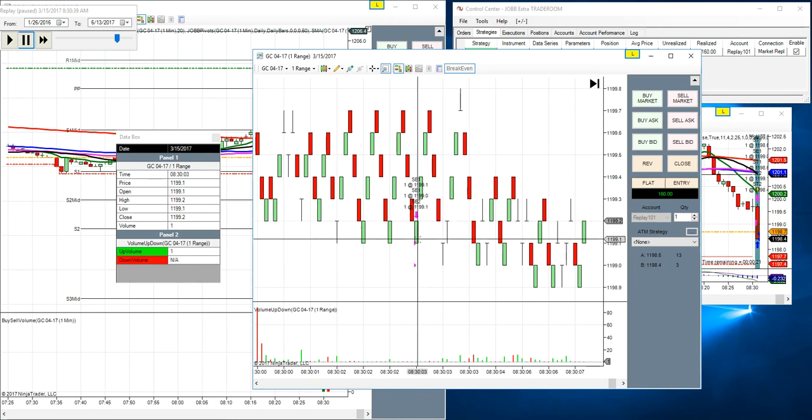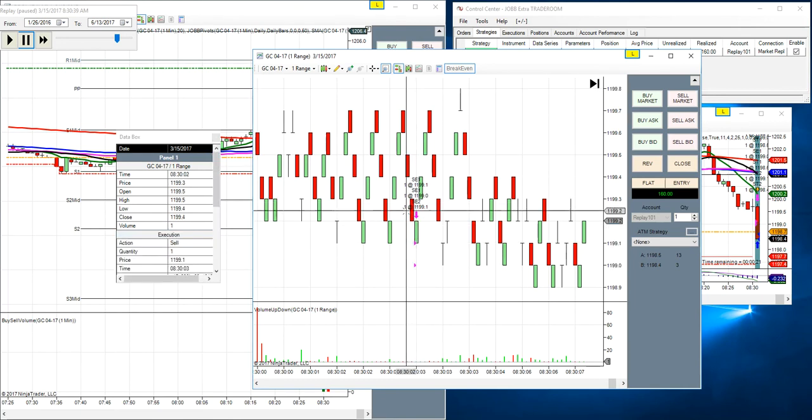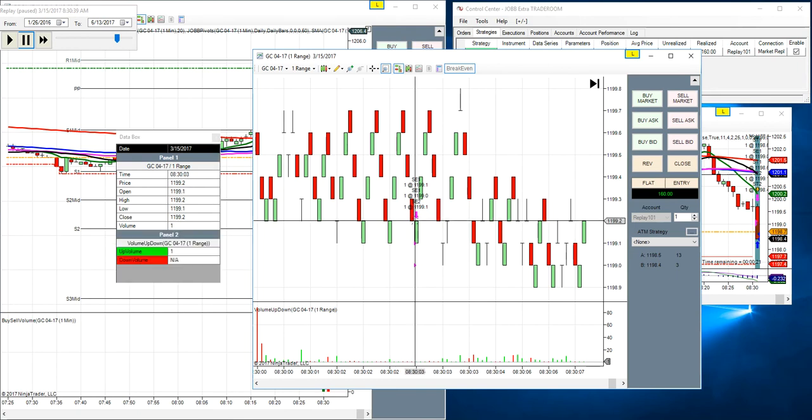What you're looking for is to make sure that you didn't have 11 ticks to stop you out on the range chart. Or once we were in, did we have movement to the downside? Okay, very jerky here.